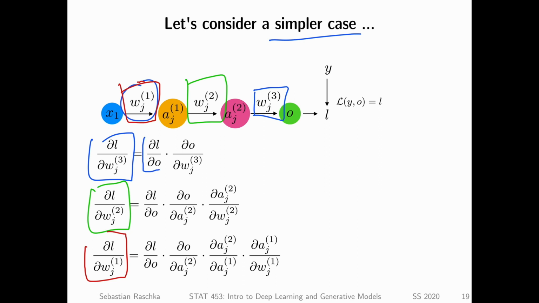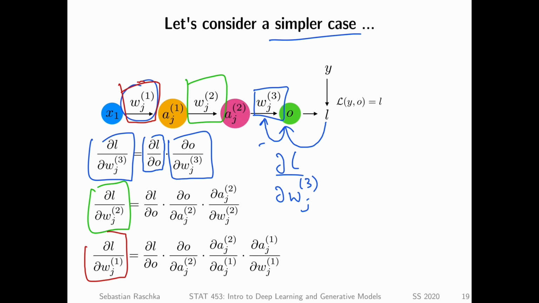So when we have the partial derivative of the loss with respect to the output, go this step, and then this part, the derivative of the output with respect to the weight, is computing this part. So this would be combined the derivative with respect to a weight in the last layer.